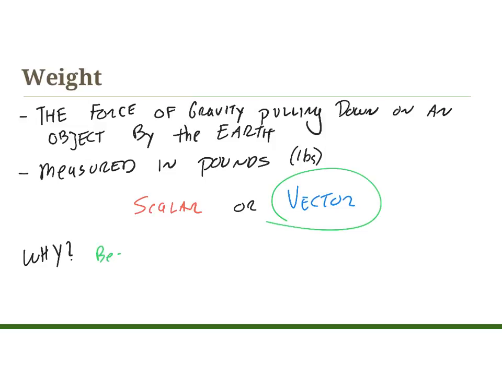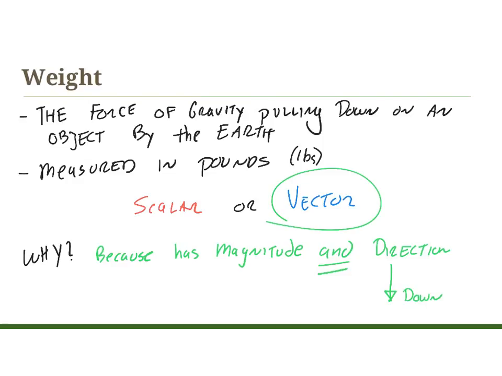Because weight has magnitude and direction. In this case, the force of gravity is always pulling down. So an example would be something like, I happen to weigh 182 pounds. And the reason why I weigh that is because the force of gravity is pulling down. So that's why that's a vector.